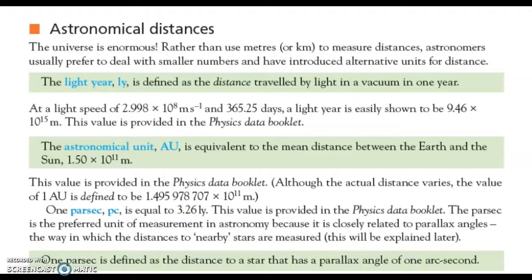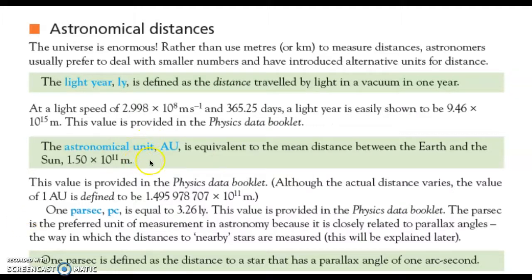So if you imagine yourself sitting on a photon of light, you are traveling at approximately 3 times 10 to the 8 meters per second, and you keep traveling at that speed for 365.25 days. Then that would be the distance you cover. That would be a light year, which is equivalent to 9.46 times 10 to the 15 meters. Now this value is in the data booklet, and so therefore you'll always have access to it. But it's just important to conceptualize just how that number is arrived at.